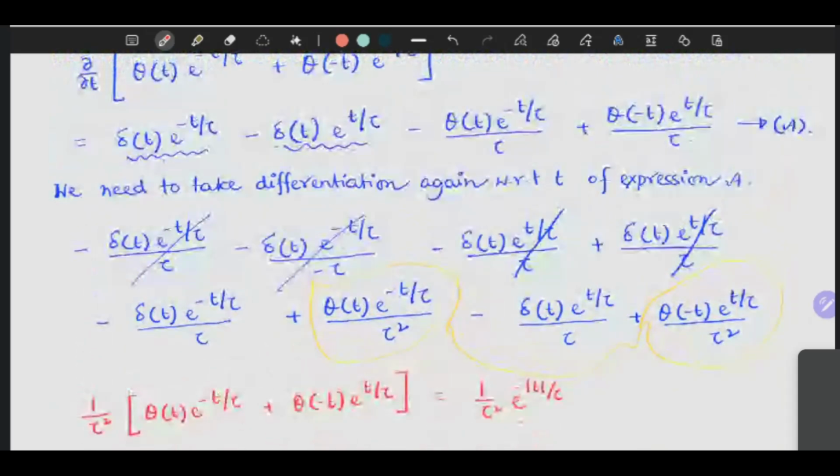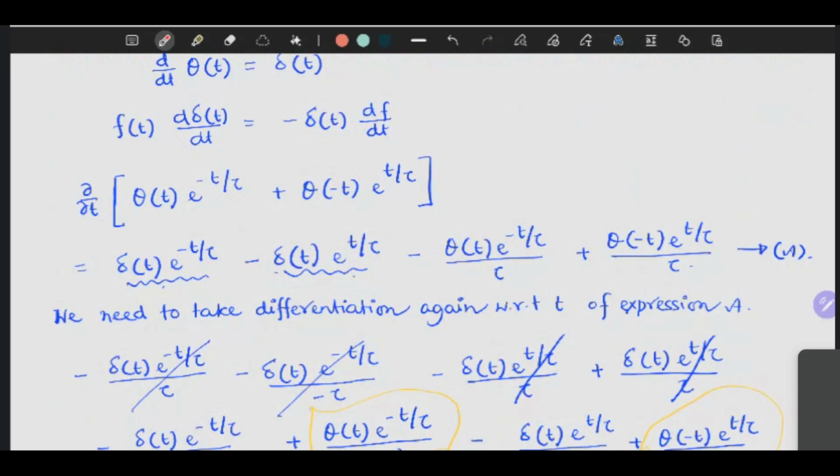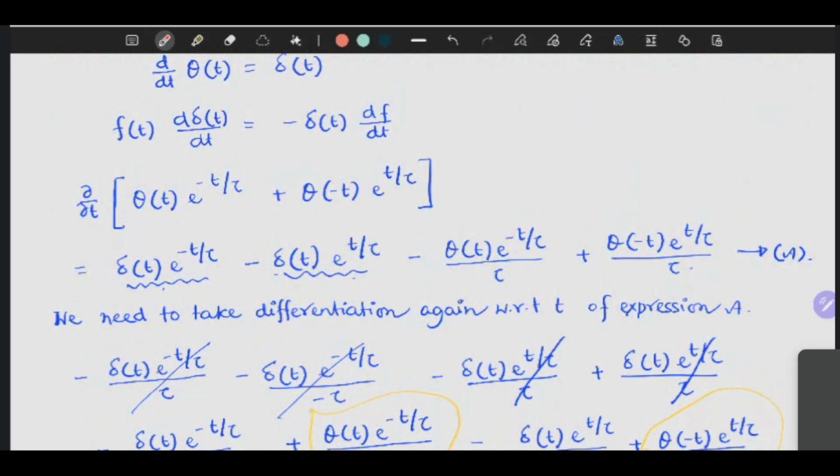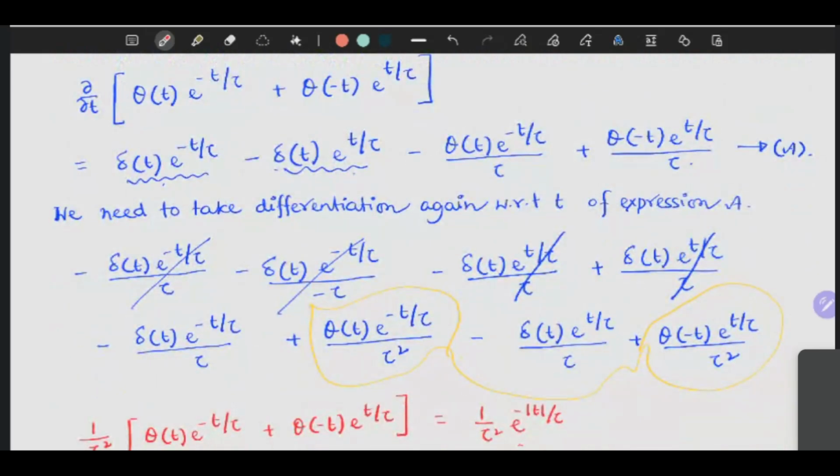And only for those expressions there will be 2 minus delta t by tau.